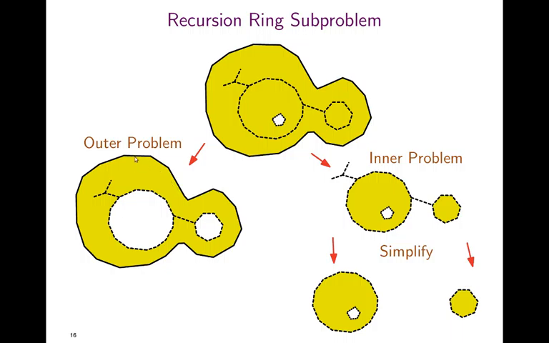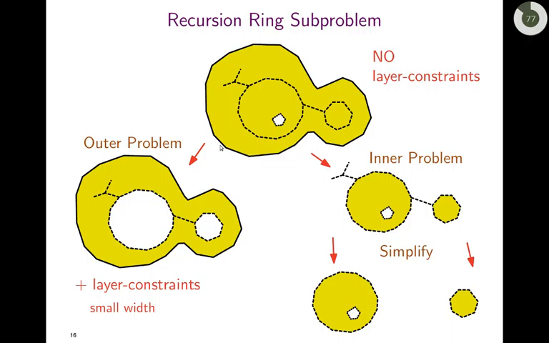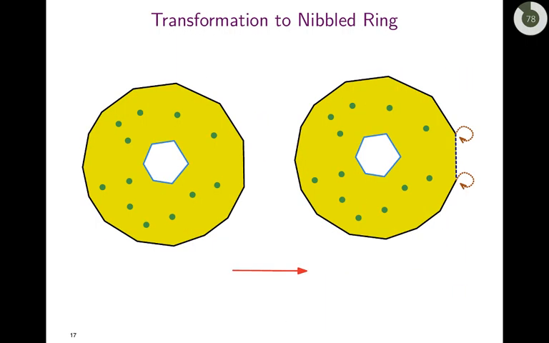In our outer problem, it stays simple, so there's only one outer face. For the outer problem, we will add layer constraints, and note that we start from a problem where we did not have layer constraints. Here for the outer problem, we suddenly have small width, so here we only have to nibble, and for these we don't know. We could recurse either way.